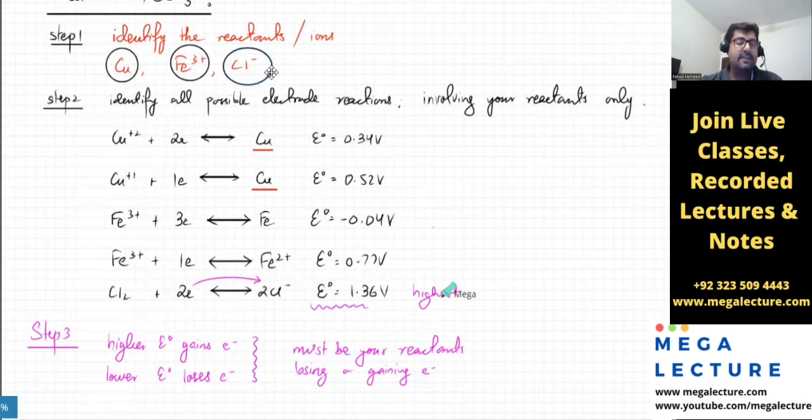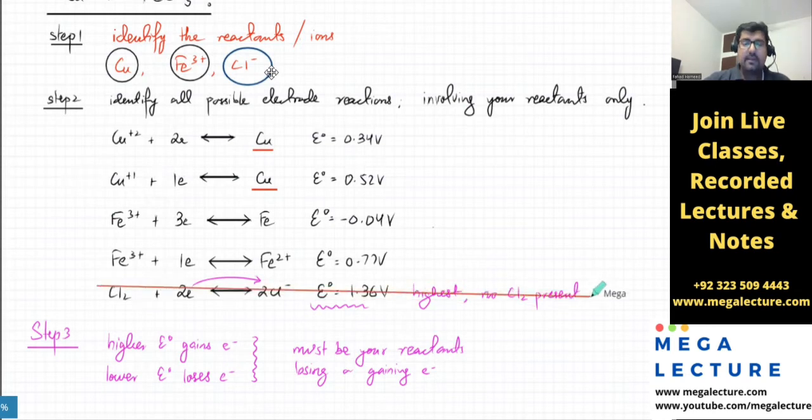So the reason I can't select this equation is no Cl2 is present. Although it has the highest potential, it's supposed to gain electrons, but there is no Cl2 in my reactants, which is why I'm going to completely get rid of this. It doesn't work with my reaction.